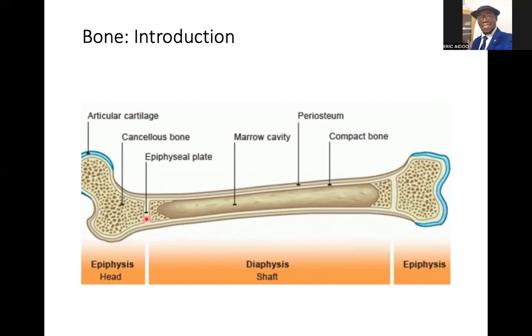Then you have intramembranous ossification, where there is a straight away formation of osteocytes right from the embryonic tissue. Straight away, you don't have to lay down a cartilage before it is ossified later.